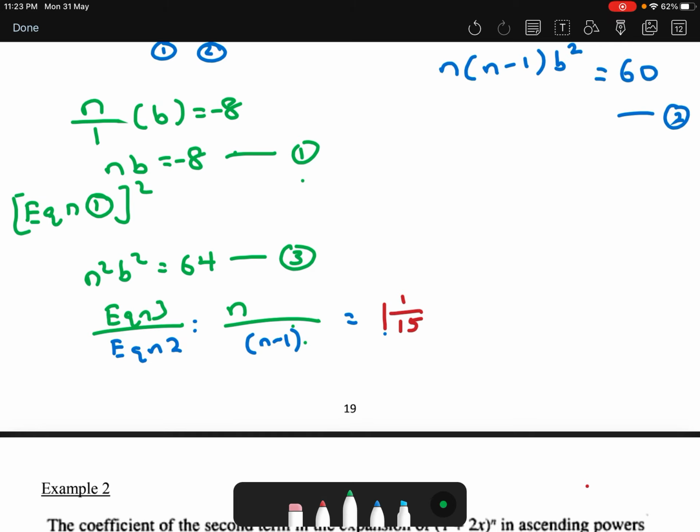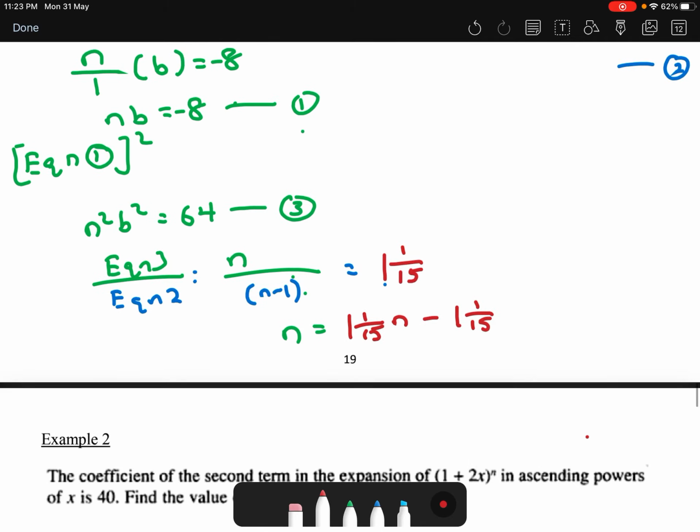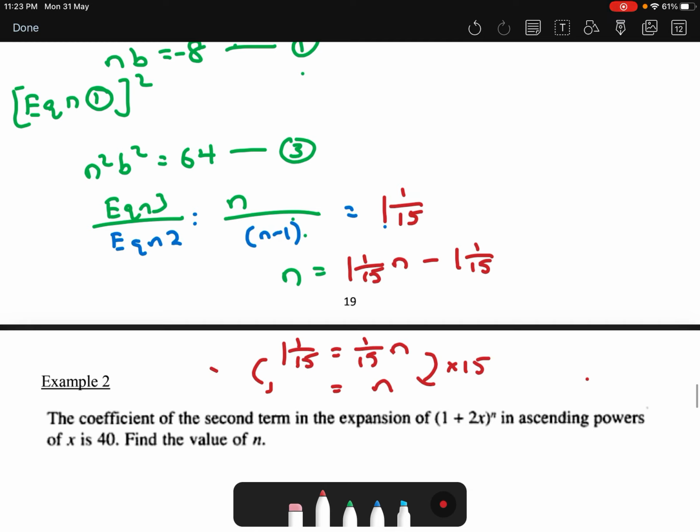So you cross multiply. 15n is equal to 16n minus 16. Process it further: 16 equals 1n.